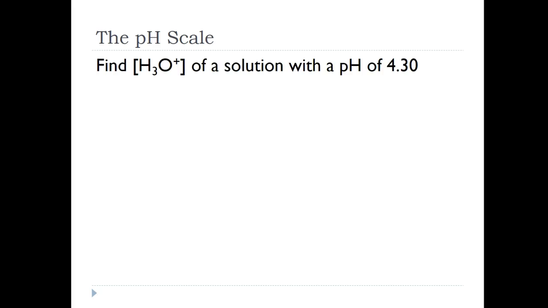So just real quick practice with that pH expression, but this time we have a given pH value and we're trying to solve for the hydronium ion concentration. So we're using the same equation, but we're just going to be solving for a different variable. So I go ahead and plug in 4.30. And I'm trying to isolate the hydronium ion, the H3O+ molarity.